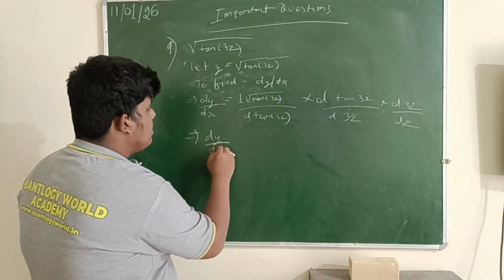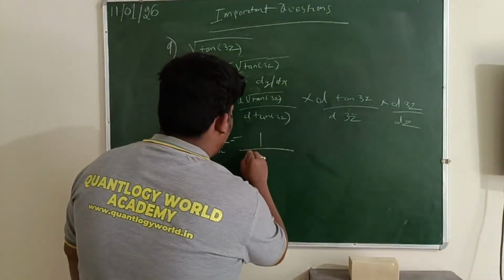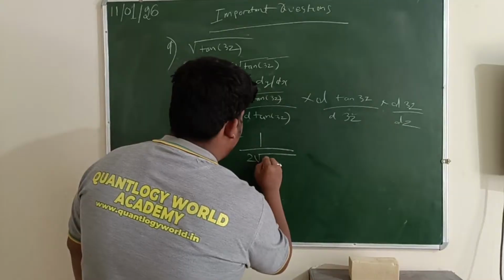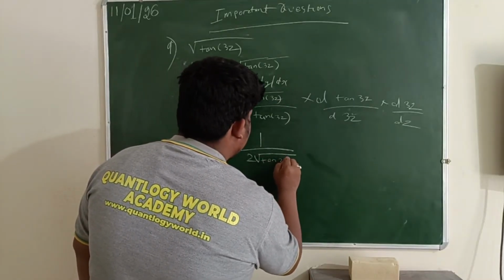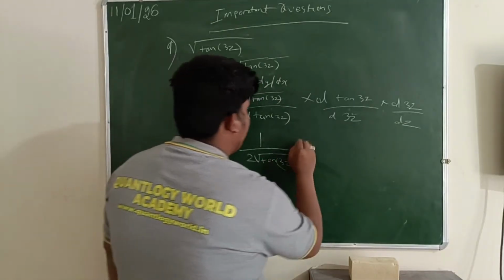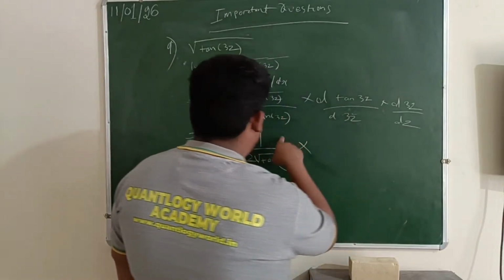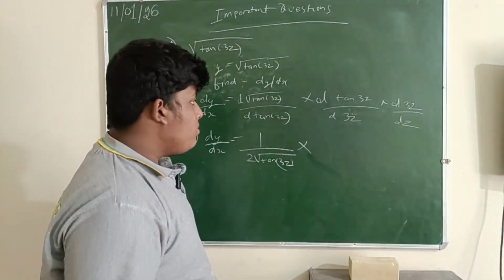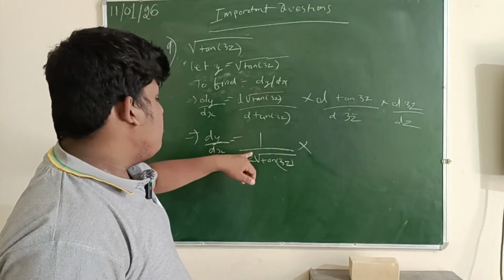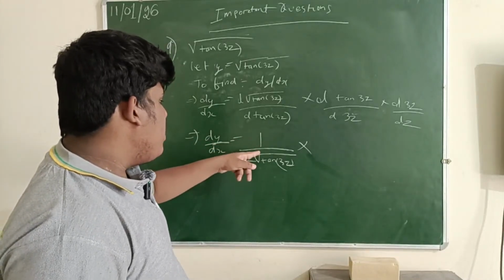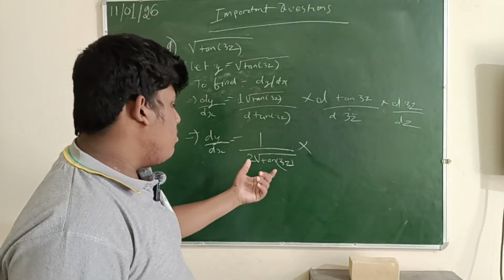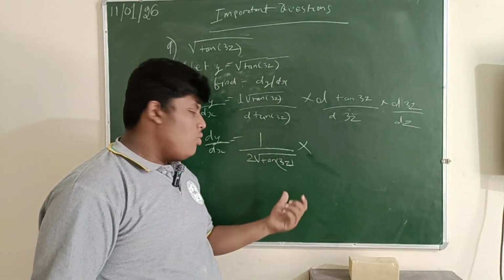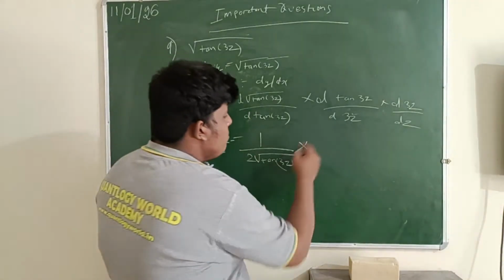dy by dx equals 1 by 2 root of tan 3z into the derivative. As I have said, the derivative of any root function is 1 by 2 into root of that function.